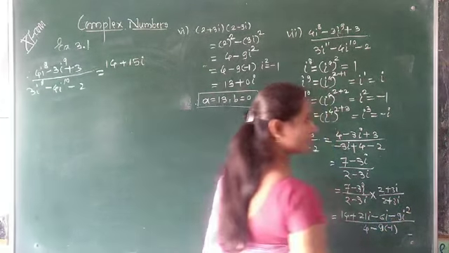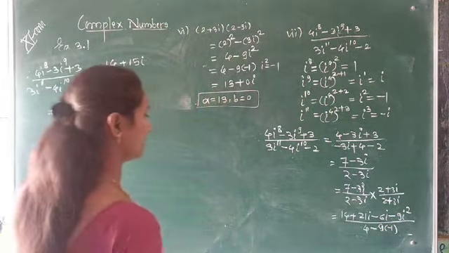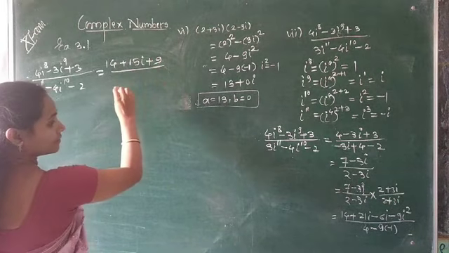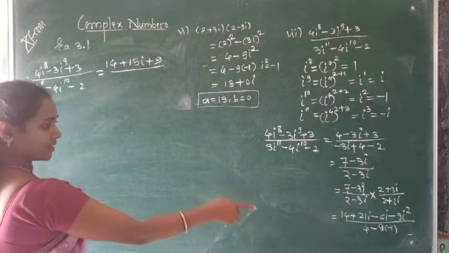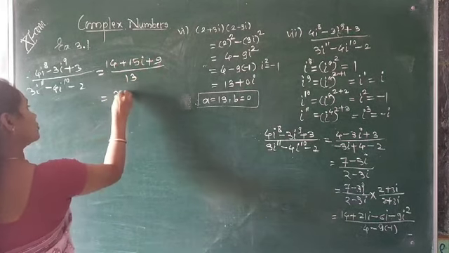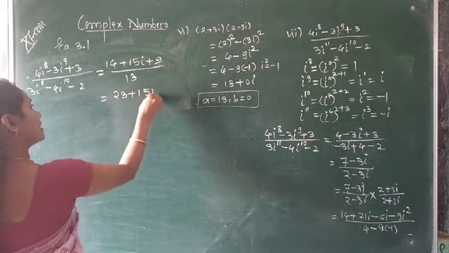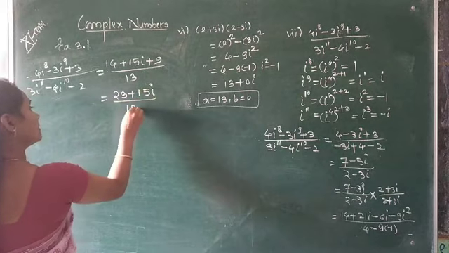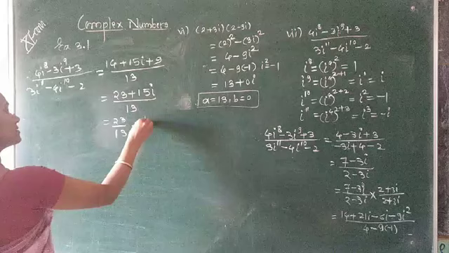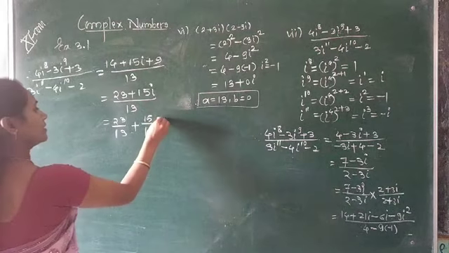Since minus minus becomes plus, 1 plus 9, divided by 4 plus 9, 13. So 14 plus 9 is 23, plus 15i, divided by 13. 23 upon 13 plus 15 upon 13 into i.